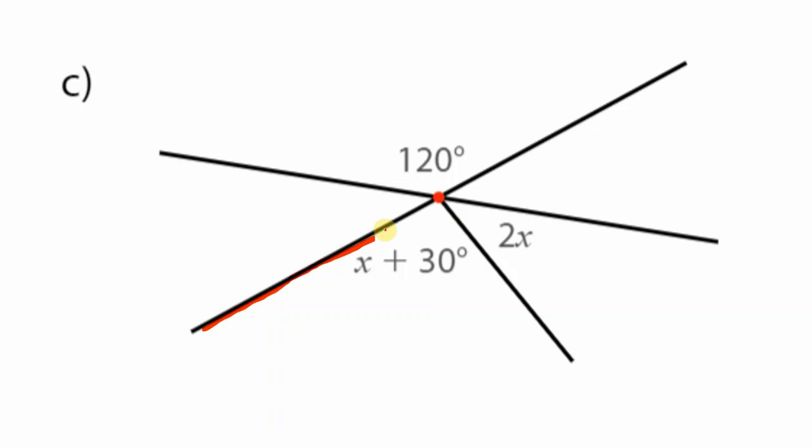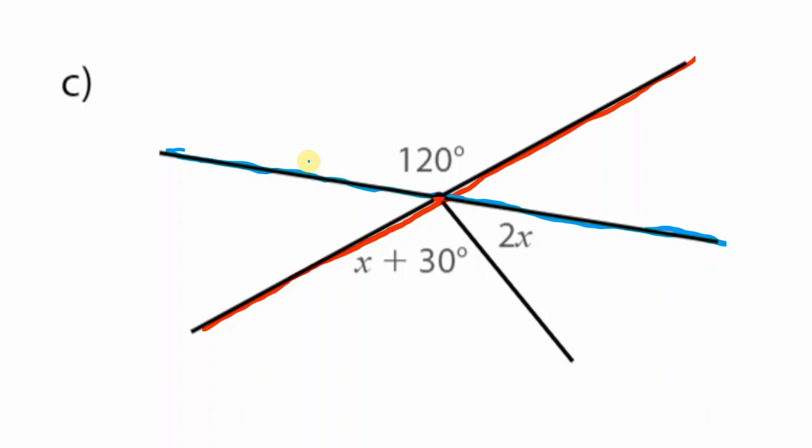So I can see we have lines that are intersecting each other. So we have this blue line intersecting with the red. This one does not intersect.